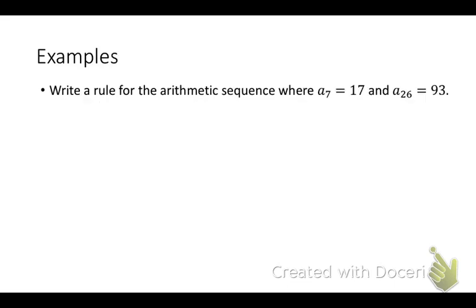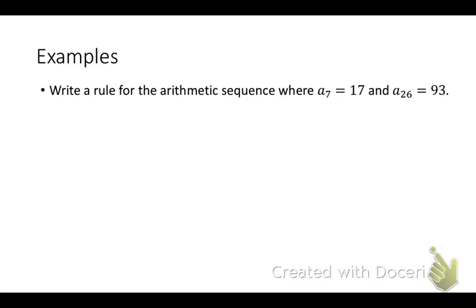So here in case 3, we had case 1 where we were basically given everything we needed. We were given our first term, we were given the common difference, and we could go. Second case, we were given the common difference. We had to find the first term and then go with my rule.